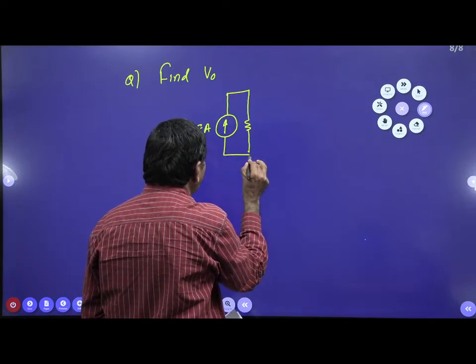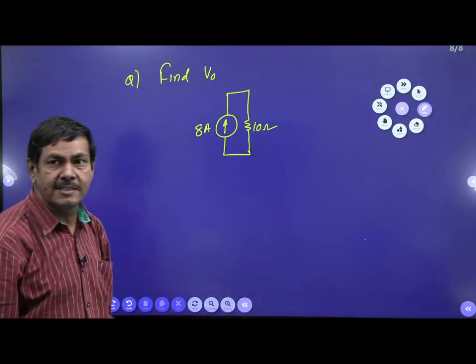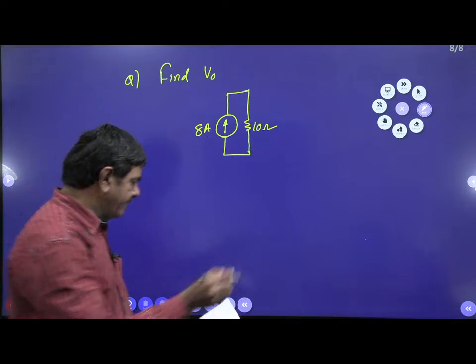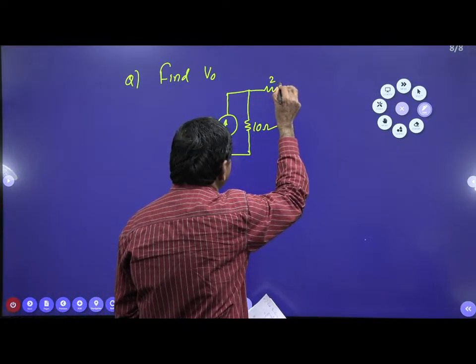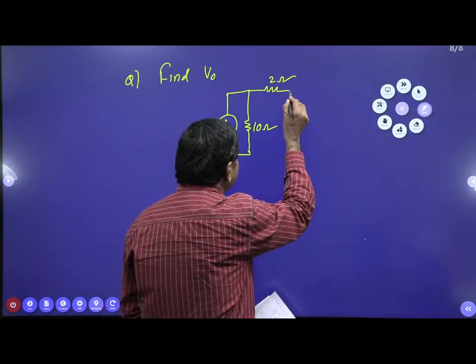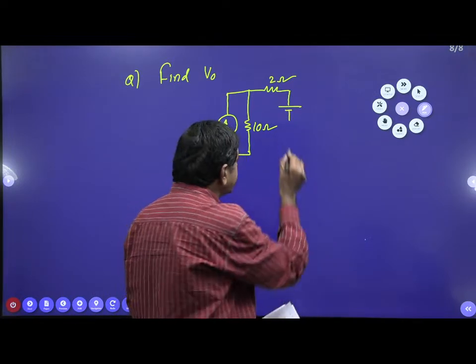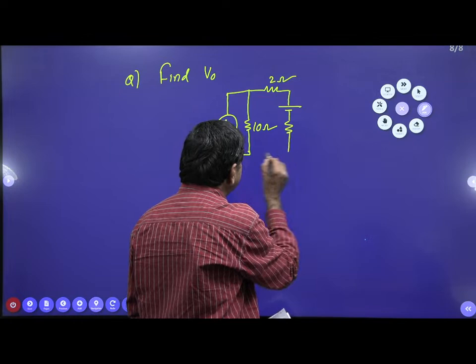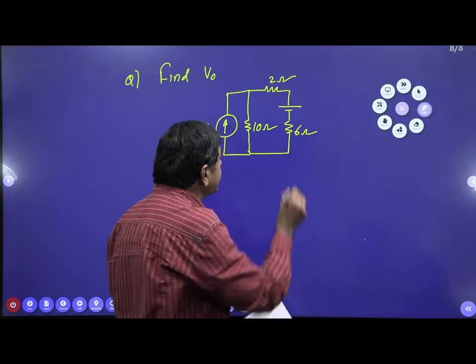Here there is a 10 ohm resistor. Also connected with a 2 ohm resistor on this side. And here one battery is connected with a resistance of 6 ohms. The voltage is given as 16 volts.